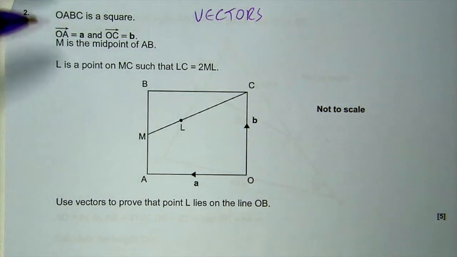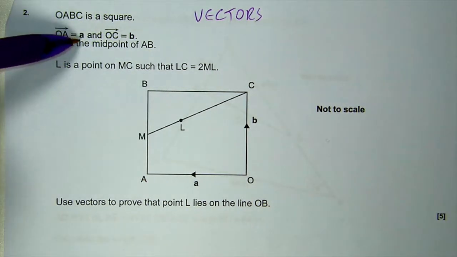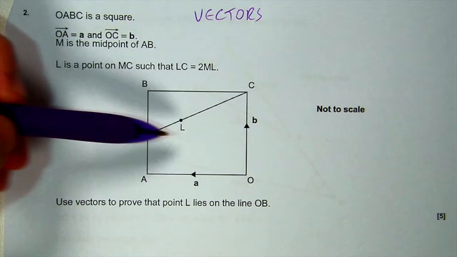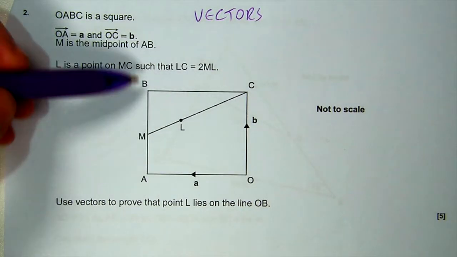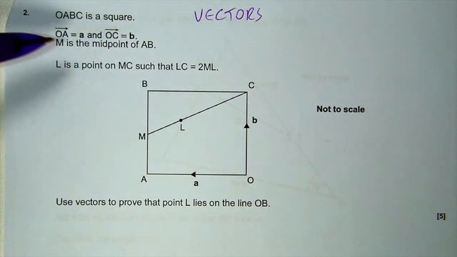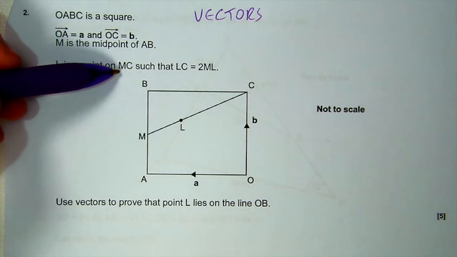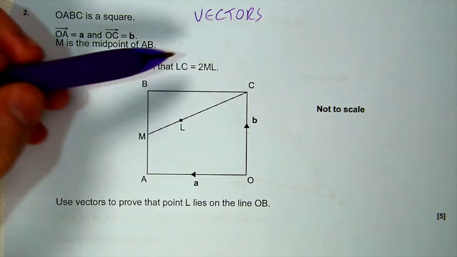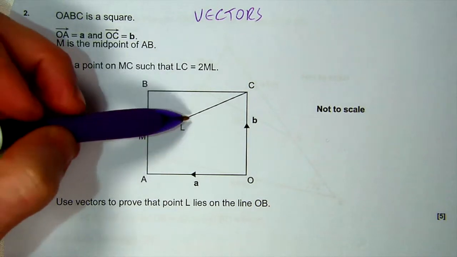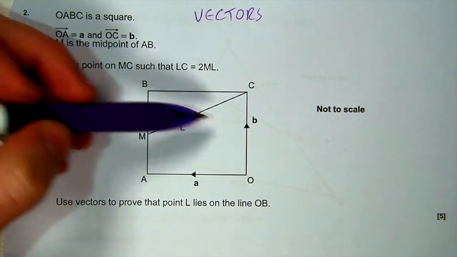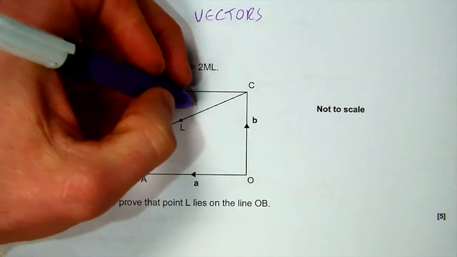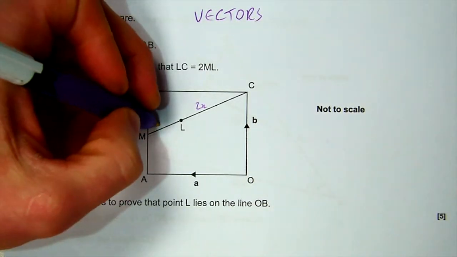We have OA is vector a, OC is vector b, M is the midpoint of AB, and L is a point on MC such that LC is 2ML. So this distance here is twice this distance here.